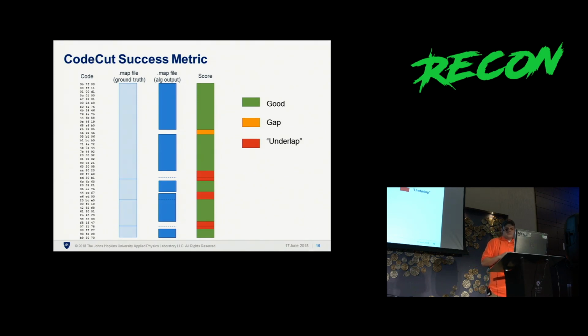So here's an example where I've got a big module that we identified as 2 modules. I don't really care about that. What I really care about is if it found the edges that were close to the ground truth edges.